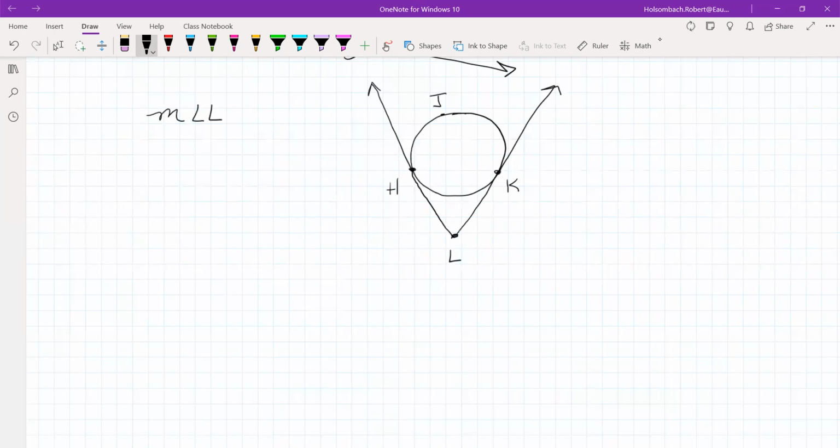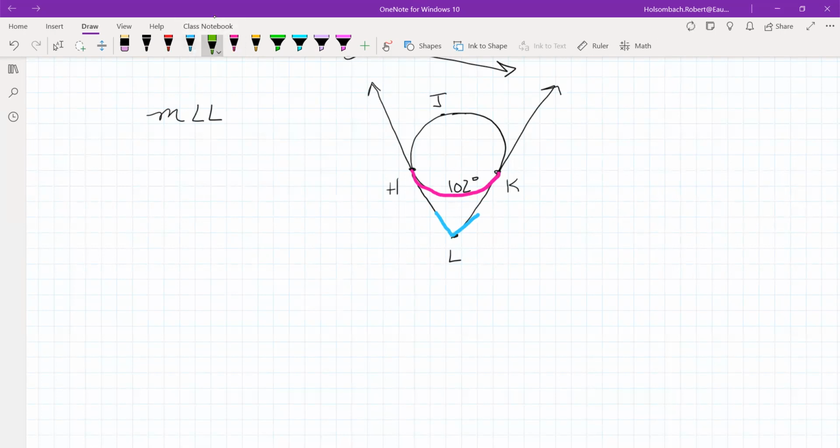Now, look what you're given. You're given this 102-degree angle right here. That's all you're given. Isn't this our little angle? So the measure of L is equal to 1/2 of big arc minus little arc.